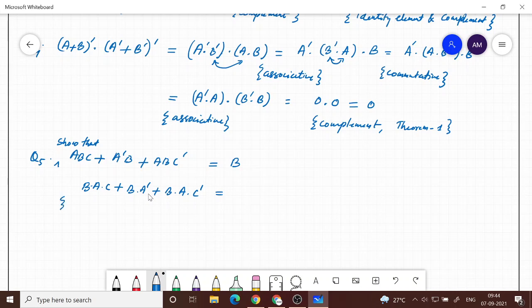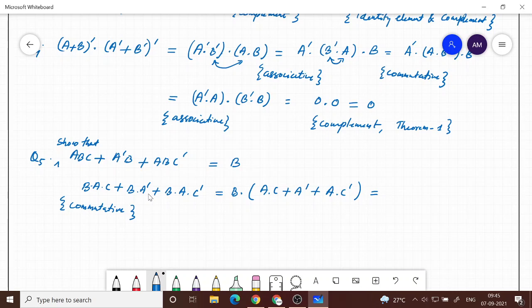Okay, so this I have used commutative. Then I can pull b dot outside. Then I have a dot c plus a bar plus a dot c bar.